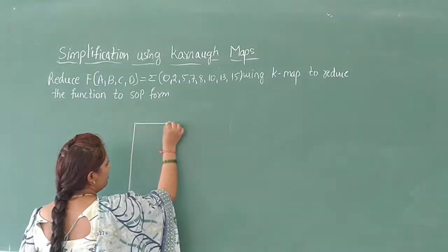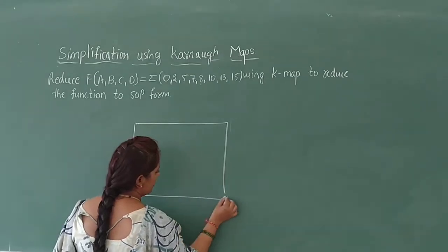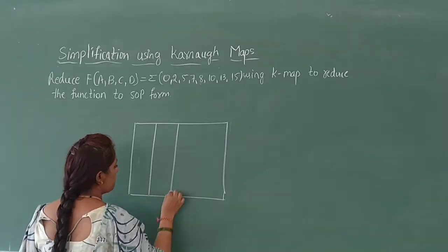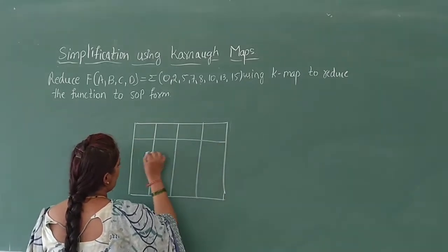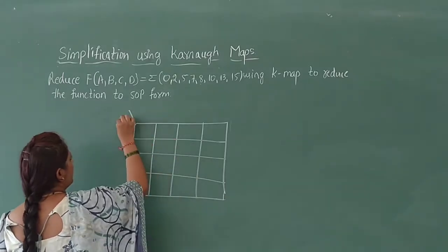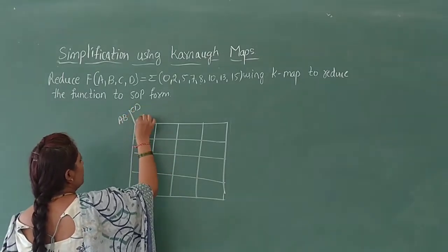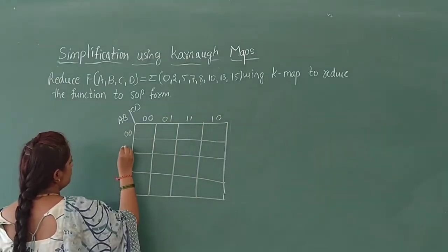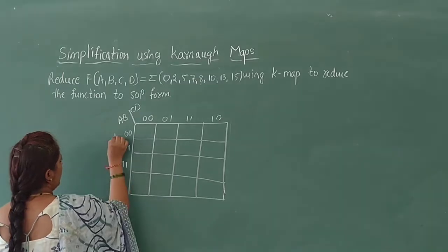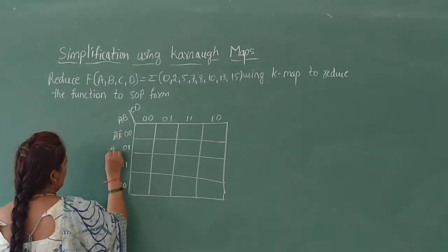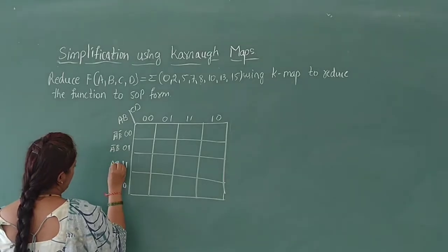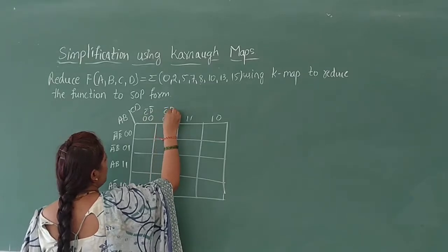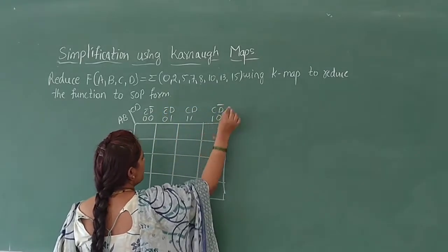Again, draw the 4 variable K-map and write the variables a, b, c, d binary numbers 0, 0, 0, 1, 1, 1, 1, 0 and a bar b bar, a bar b, a b, a b bar, c bar d bar, c bar d, c d, c d bar.